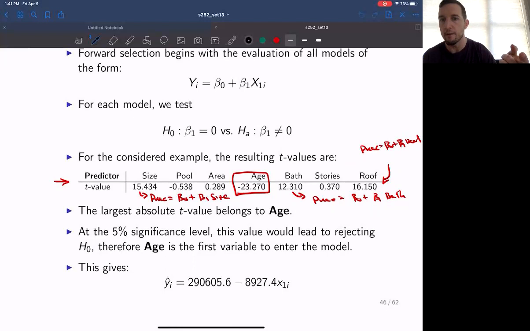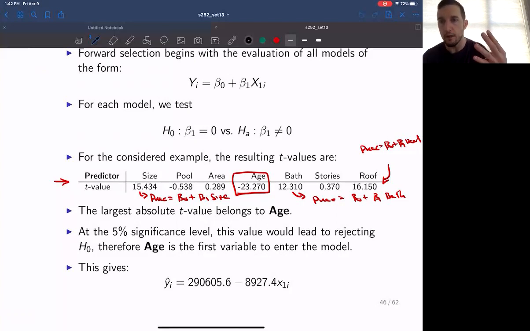Negative 0.538 and 0.289 will not lead to rejection of the null. Negative 23.27 will lead to rejection of the null. 12.31 will lead to rejection of the null. 0.37 will not lead to rejection of the null. And 16.5 will lead to rejection of the null.